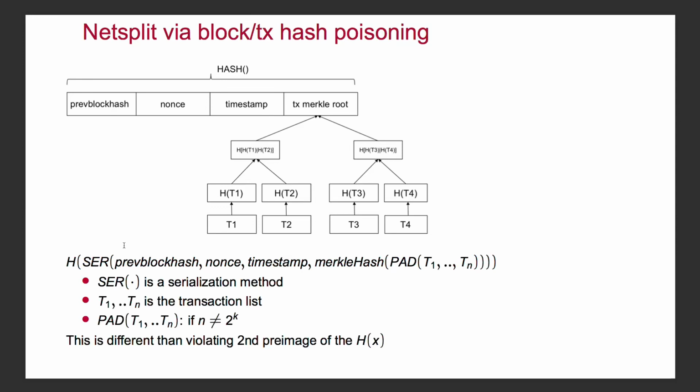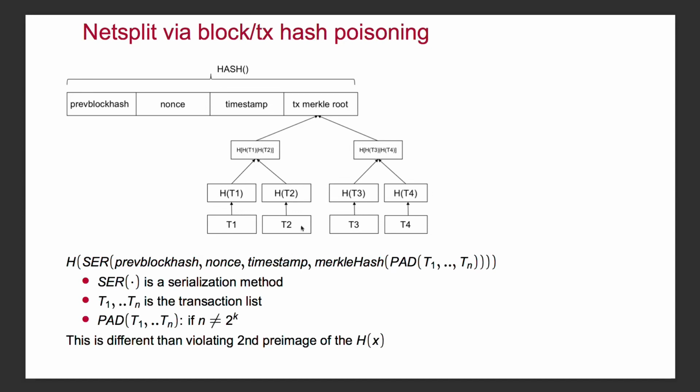So if we're hashing a multi-field value, we need to come up with some serialization function. We need to somehow convert these 4 fields into a byte string. And so we need some kind of serialization. So that's denoted with serialization here. H is the hash function, and we serialize these 4 fields.